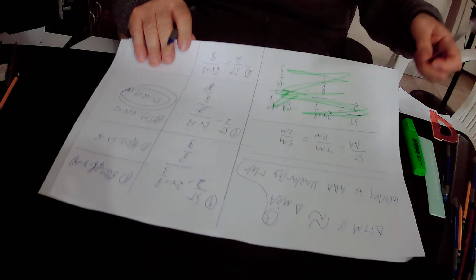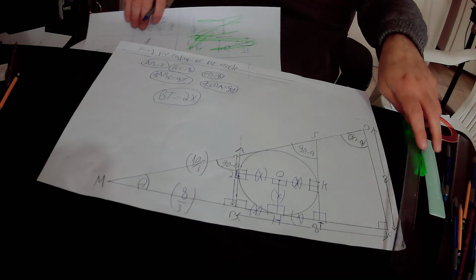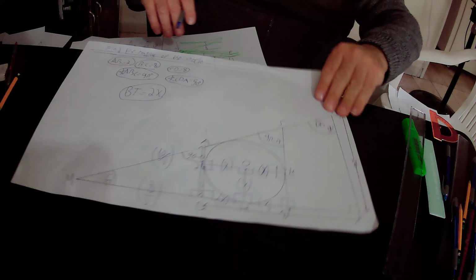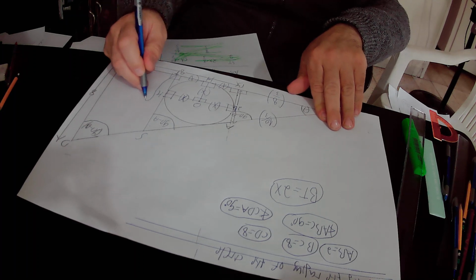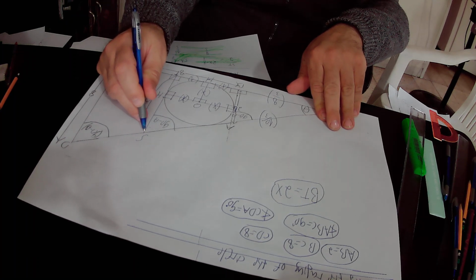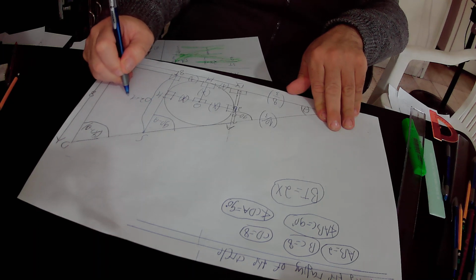So you can write here that this line segment ST equals 2 plus 1.5x.